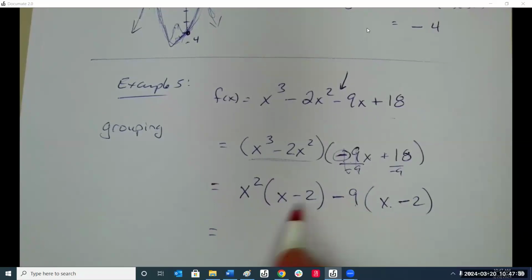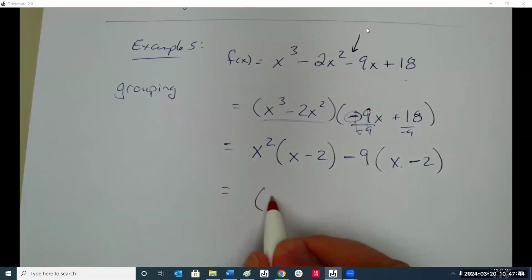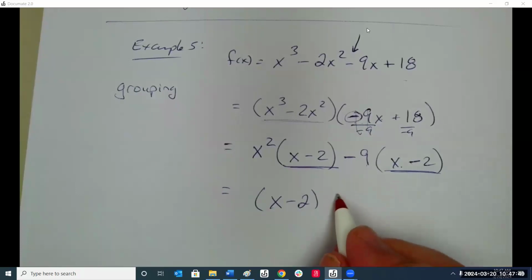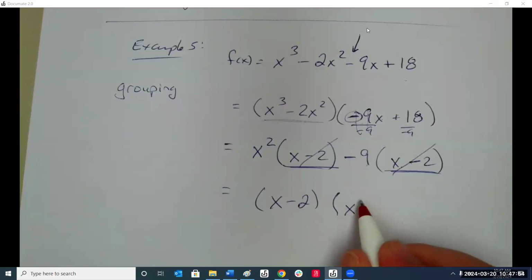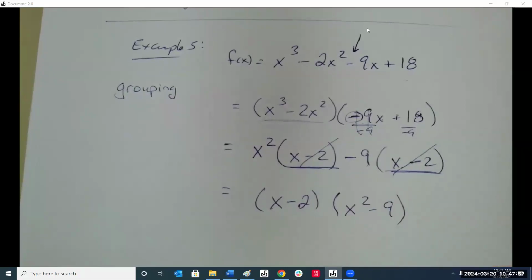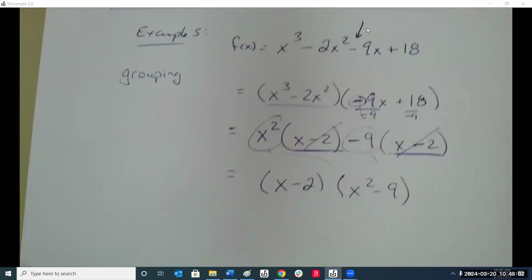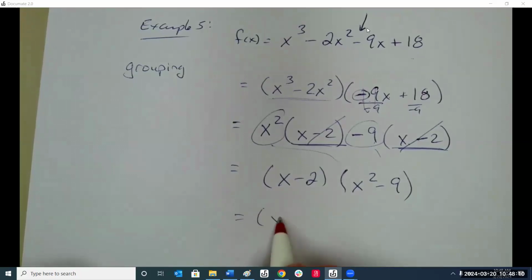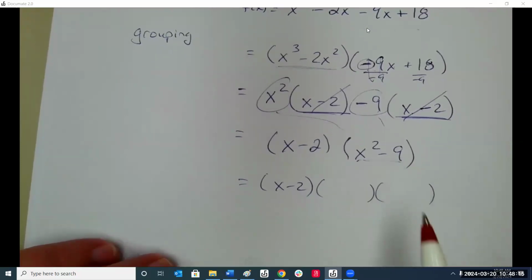Now, what do both of these have in common? They both have an x minus 2. So if I take those out, what do I have left? The coefficients. Can we factor out this one?